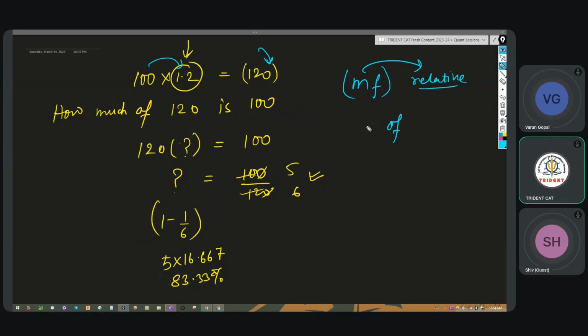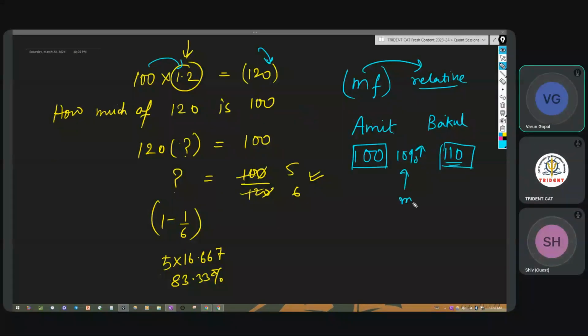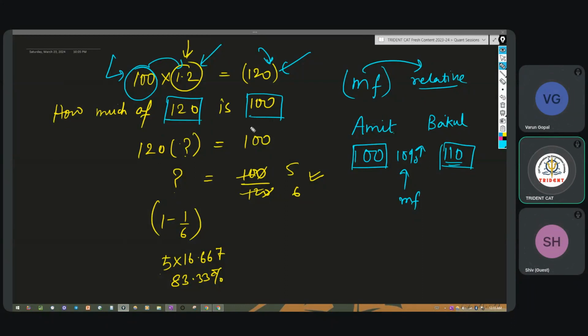For example, take A, Amit, and B, Bakul. If Amit's salary is 100%, then a 10% increase on that is Bakul's salary, that is 110. Now this makes sense because there's an original quantity and a final quantity, and only then the multiplying factor makes sense. What we did here is take a number and multiply it with something. But if I just want to revert back between 120 and 100, we'll find some absurdity because I cannot find any pattern in this.